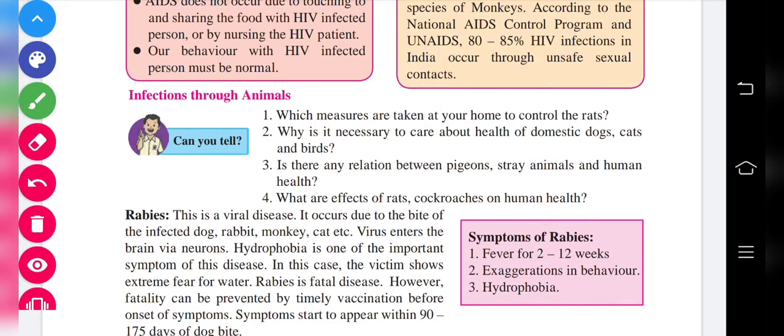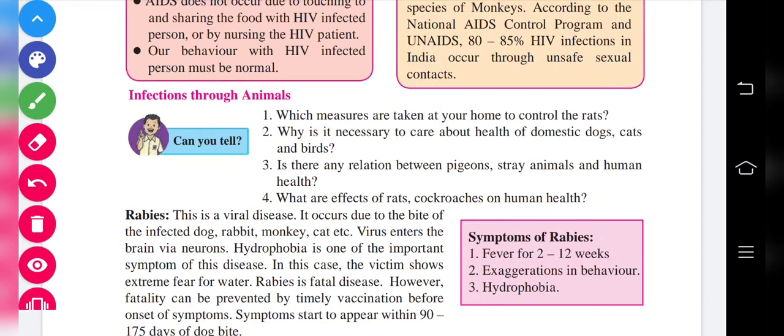Next, why is it necessary to care about the health of domestic dogs, cats and birds? Because it is very important. Domestic animals and pets are susceptible to infectious diseases like humans.